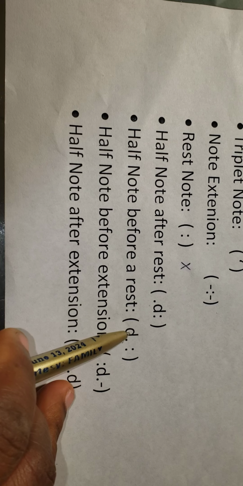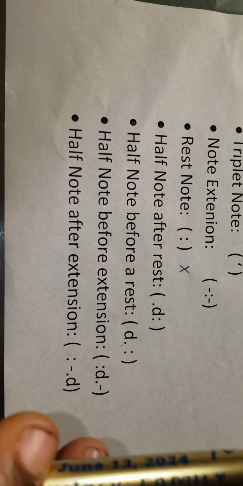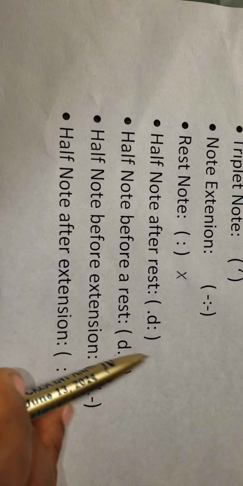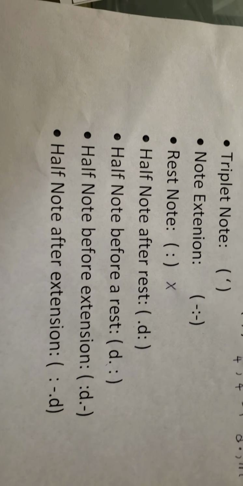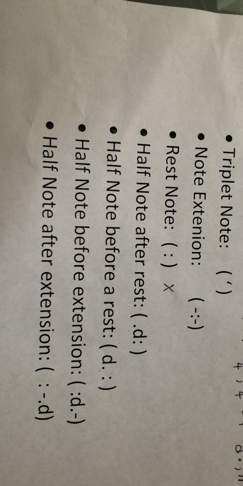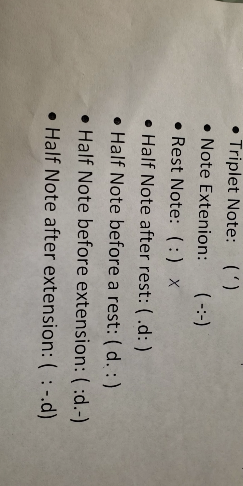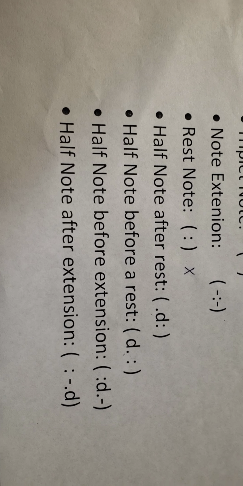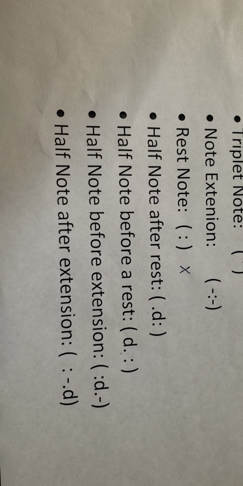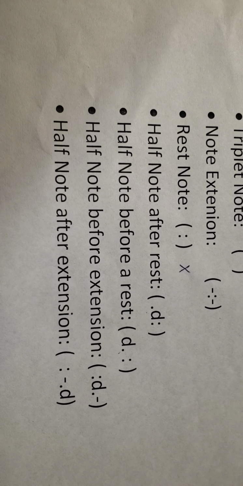It means that when you get to this place, you just sing the do and you keep quiet for just half a beat. With time, with our singing, we'll be able to understand these things perfectly well. The same thing with the extension, which is a half note before the extension.